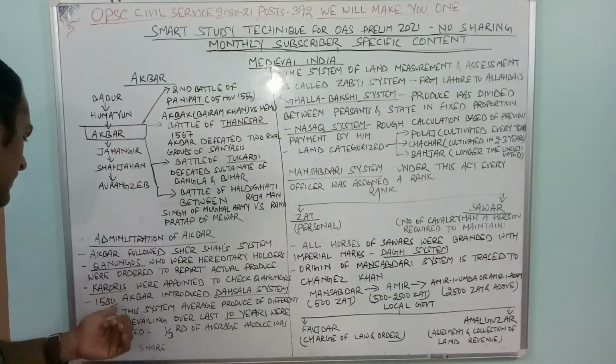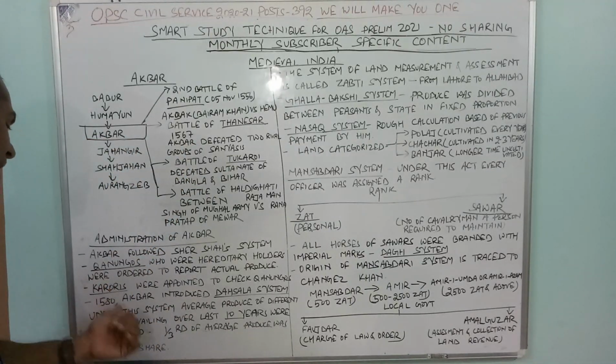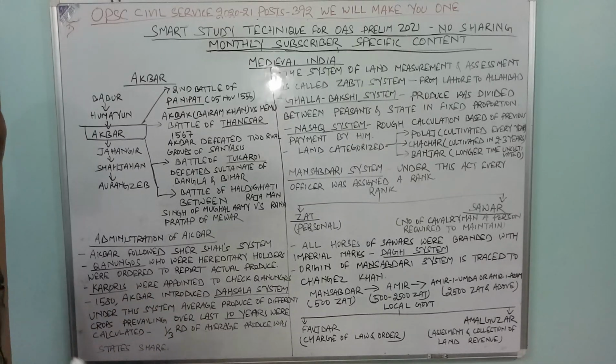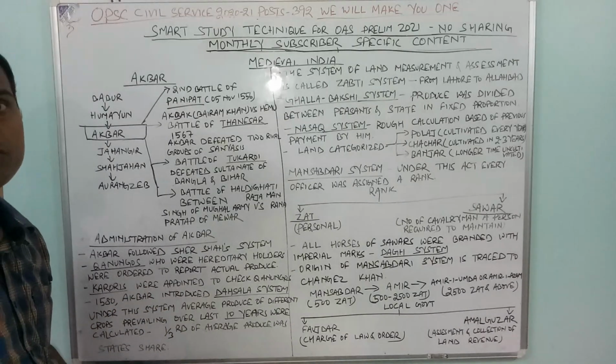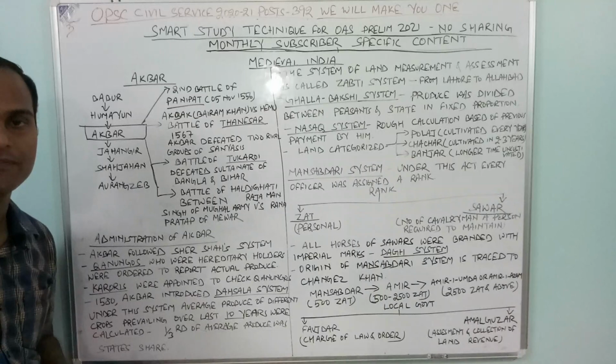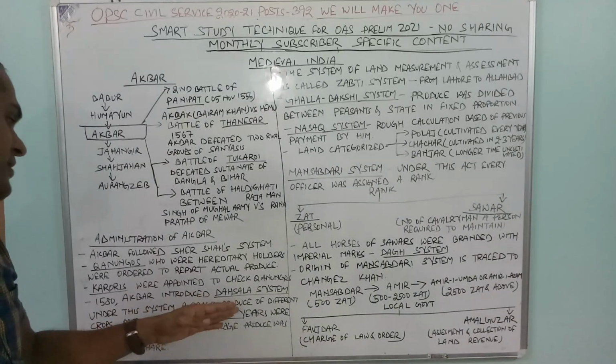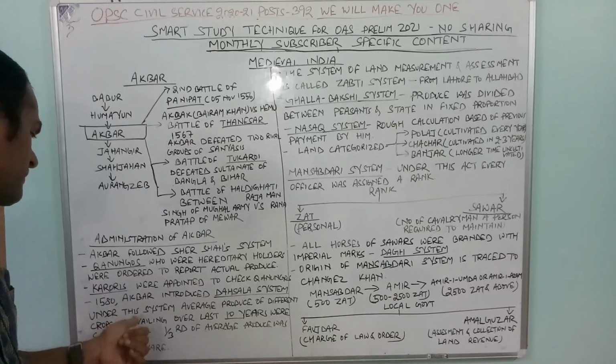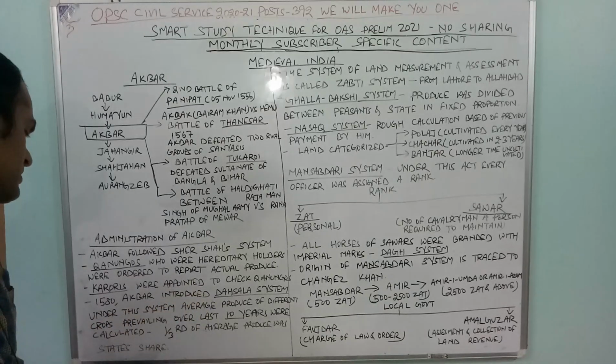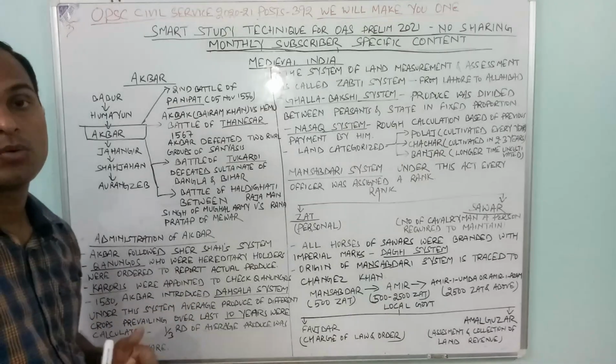Then in 1580 Akbar introduced the Dahasala system. Very important. Under this system, the average produce of different crops prevailing over the last 10 years was calculated.